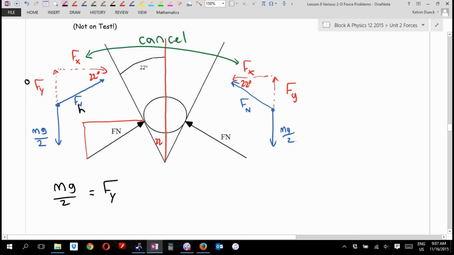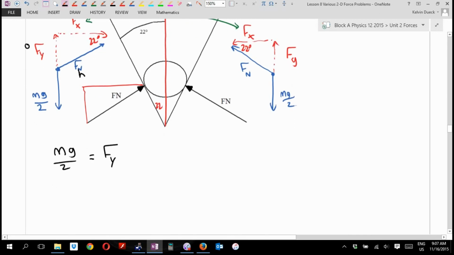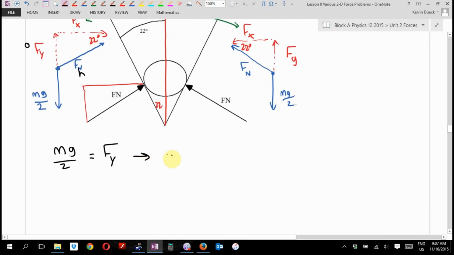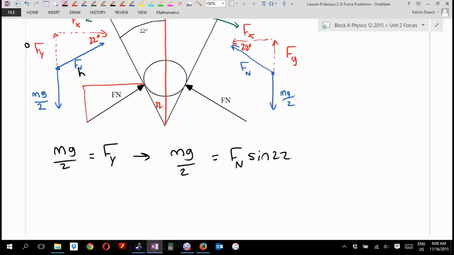Opposite. Oh, really? Is Fy a sine again? Well, that'd be nice. So we really have this: mg over 2 equals normal force times the sine of 22. This question said find the normal force. How would I get the normal force by itself?